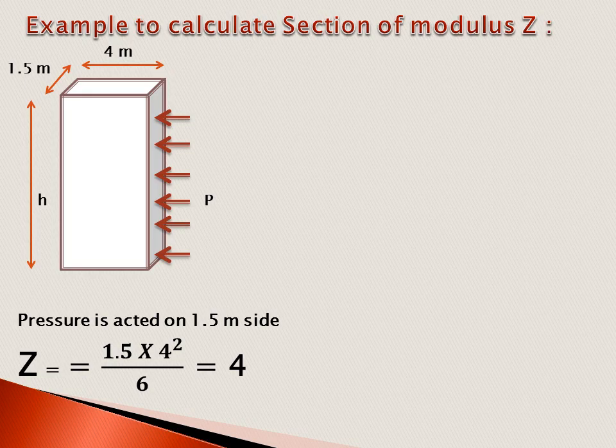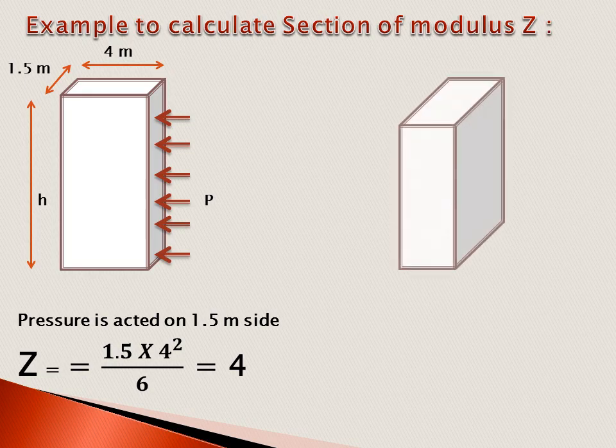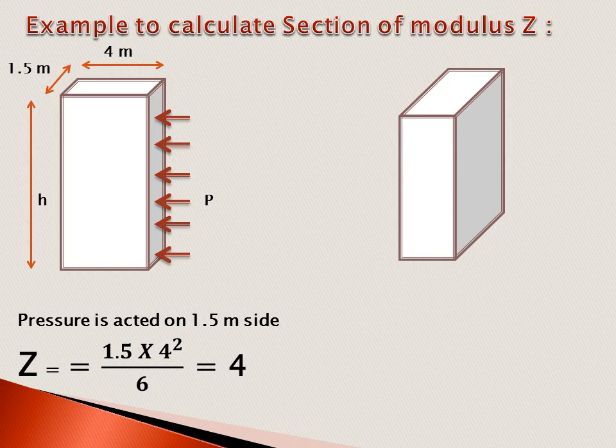Now see how Z is calculated if the pressure is acting on the 4 meter side. This is a wall having the same dimensions, 1.5 meter by 4 meter and height h.